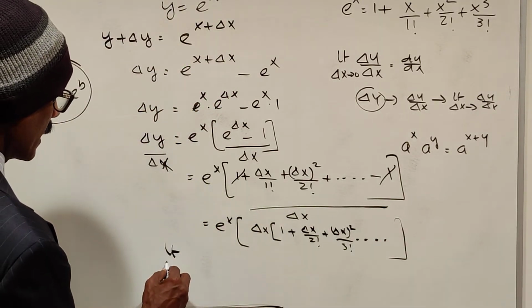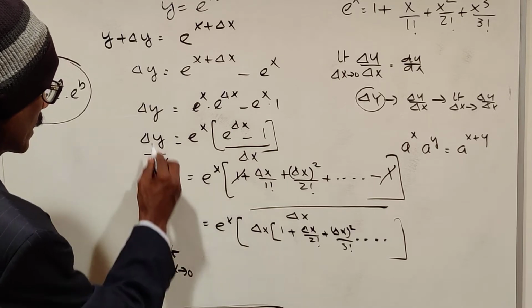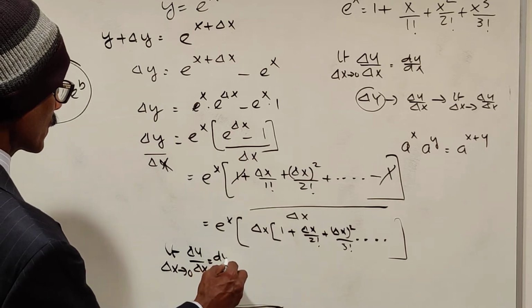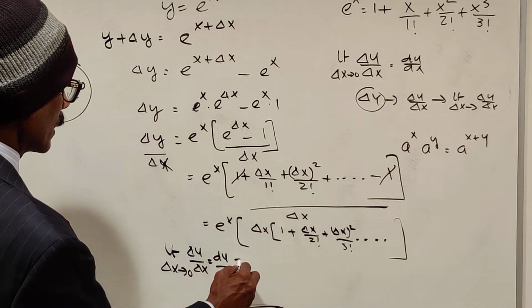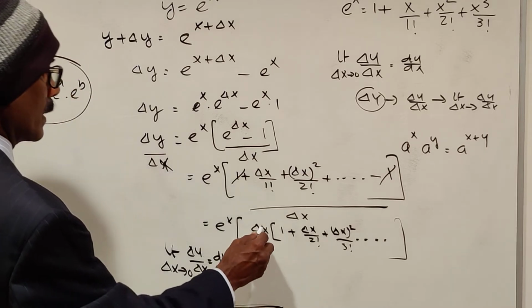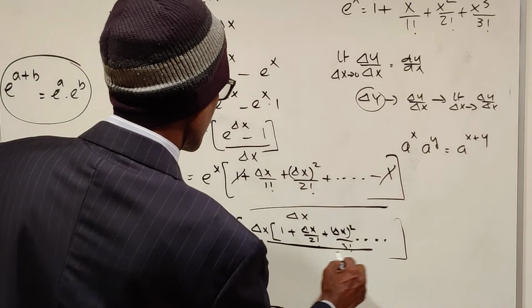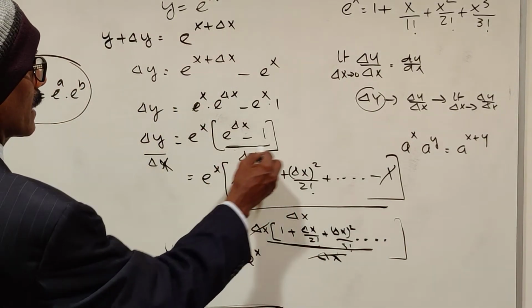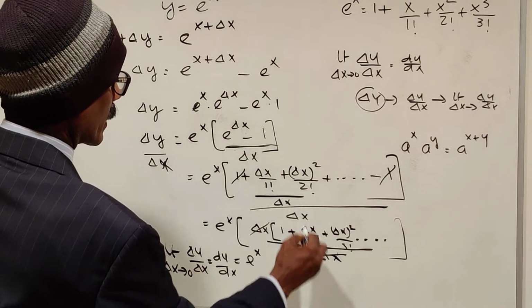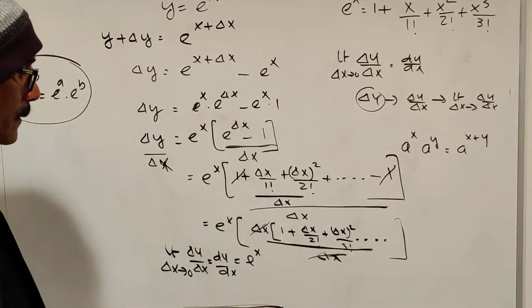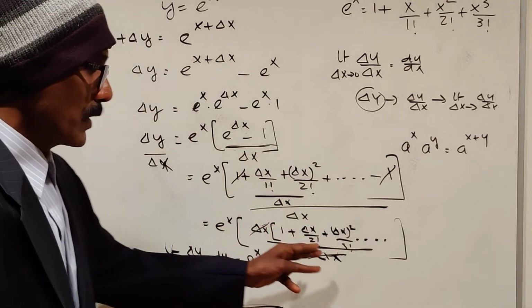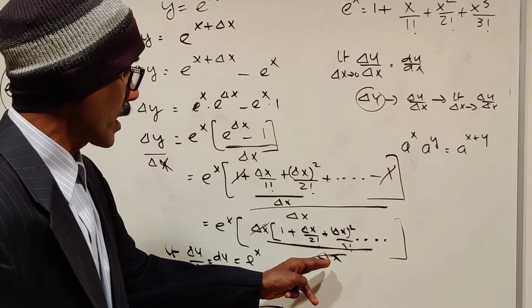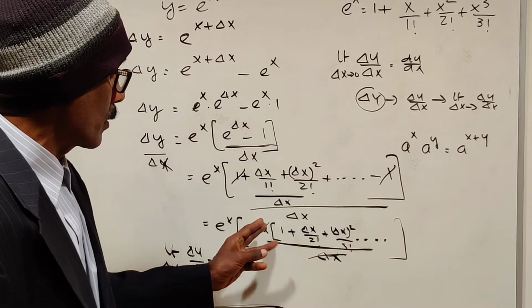Then limit delta x tends to 0 of delta y by delta x is dy by dx, that's what we want to find, equal to e raised to x times delta x divided by delta x, right? Delta x cancels in the numerator and denominator.